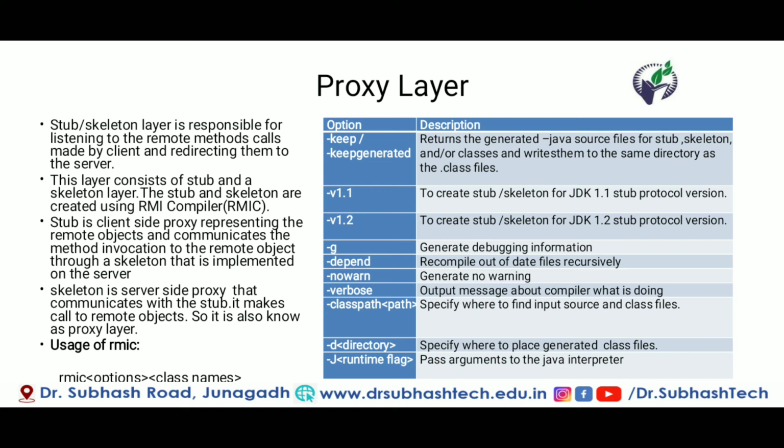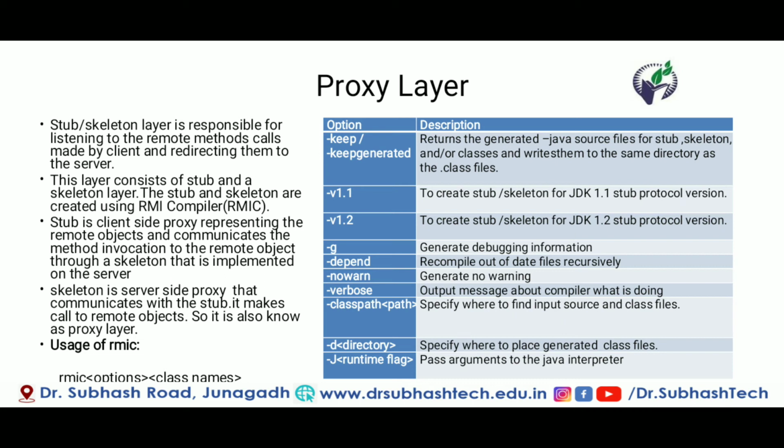If you use the g option, it generates debugging information. If you use the depend option, it recompiles out-of-date files recursively. If you use nowarn, it generates no warnings, meaning no warning is shown when an error occurs. Then verbose outputs messages about what the compiler is doing, so it displays output messages while the compiler is processing.